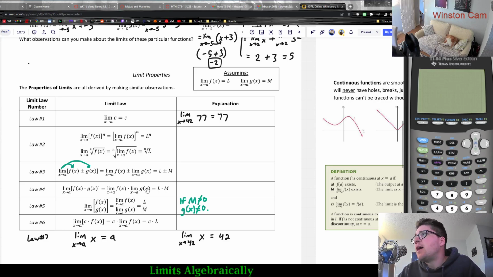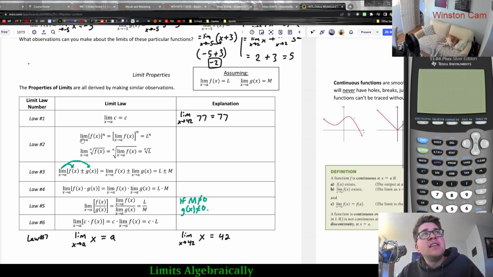Law number 2, I skipped over intentionally because it only makes sense because of law number 4, and the book just has them organized in a way that I would not organize them myself. That's okay though. It says that the limit as x approaches a of f of x to the nth power is equal to the limit of f of x, to the nth power.